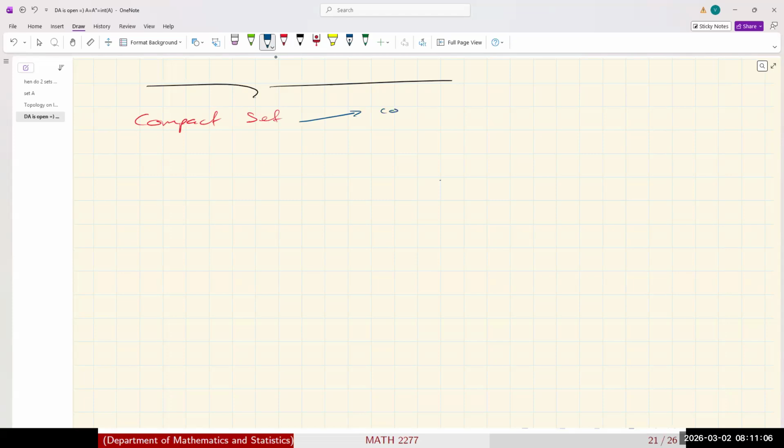The first one is what is a cover, then what is an open cover, then what is a subcover, and finally what is a finite subcover. So we need to look at what these things are. What is a cover? What is an open cover? What is a subcover? What is a finite subcover?